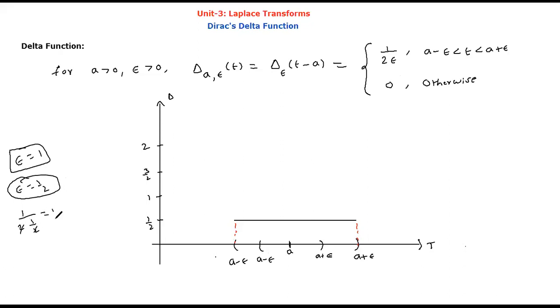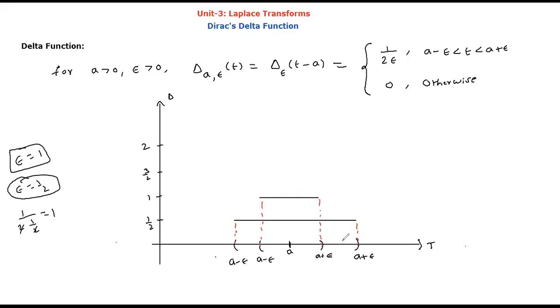What is the value you are getting? 1. So for this interval, the value is going to be 1, from a minus 1 by 2 to a plus 1 by 2. Outside the interval, it is going to be 0. Is it okay? So this is the graph of the function.